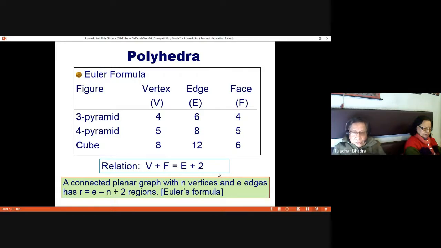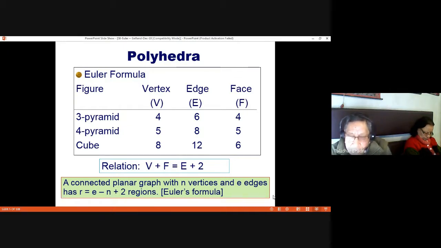So Euler's formula is generally regarded as this one. They look very similar. You can see these two equations are very similar. Here, r becomes the face, and so it becomes very similar.